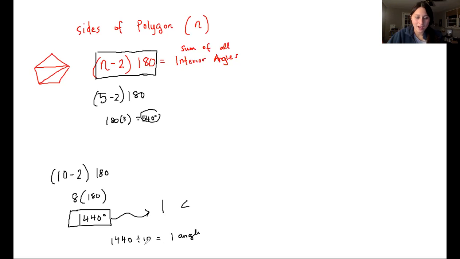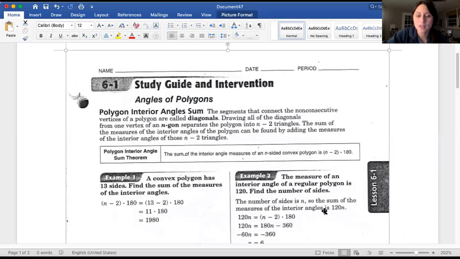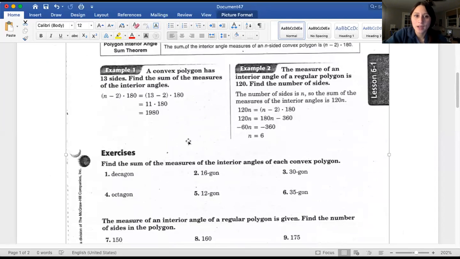And when I work that out, that's 144 degrees. That's one angle. So anyway, we'll get to that in a second. So let's focus on finding the amount of degrees inside the shape by practicing this formula.